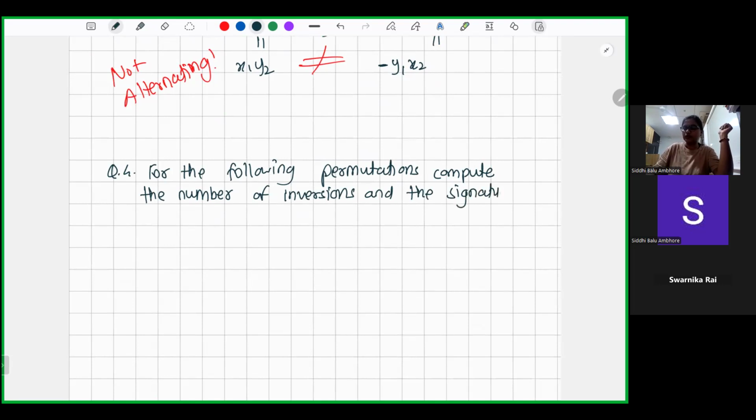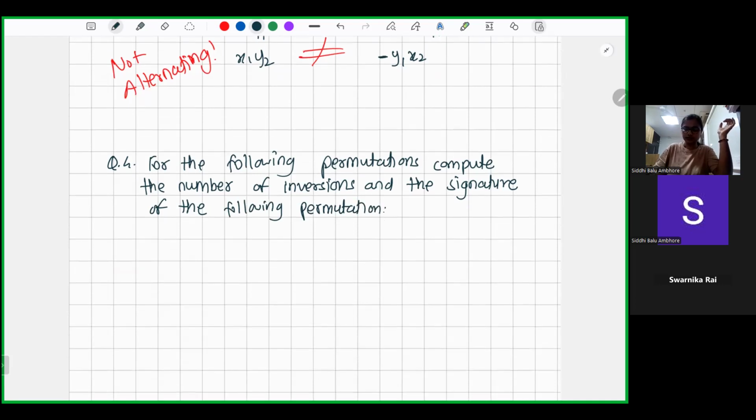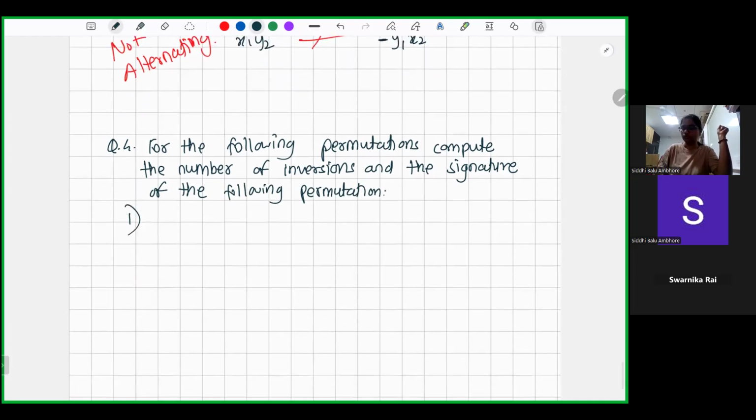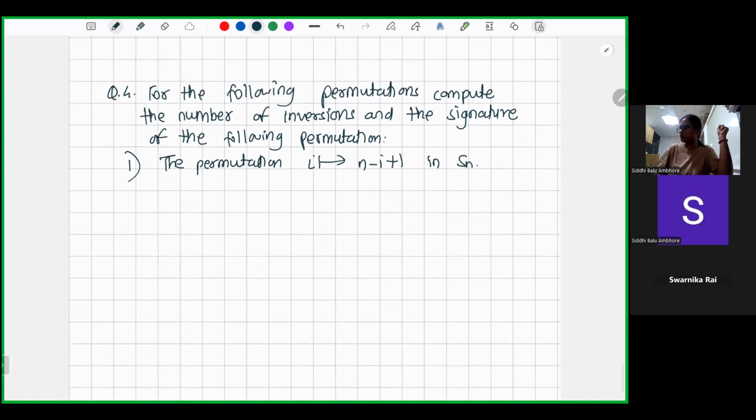We won't discuss much about the signature for this one because we already discussed enough of signatures. There are many permutations; you can go through the assignment sheet and we'll just discuss two of those. First one is i going to n minus i plus 1.